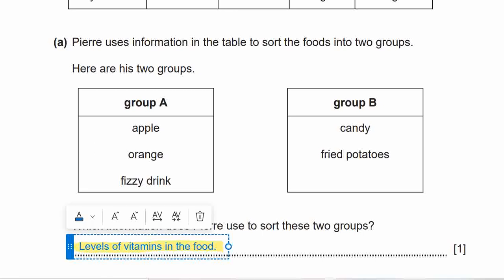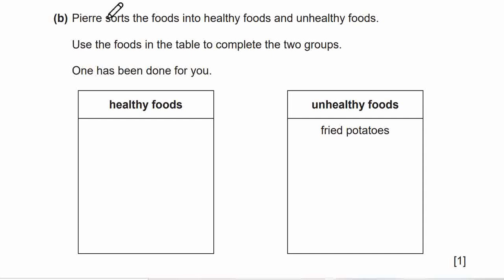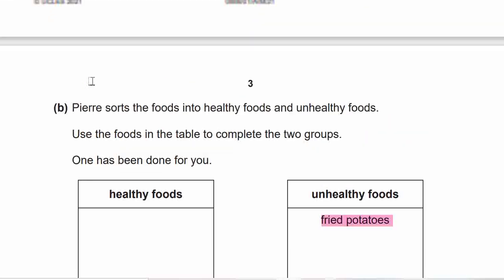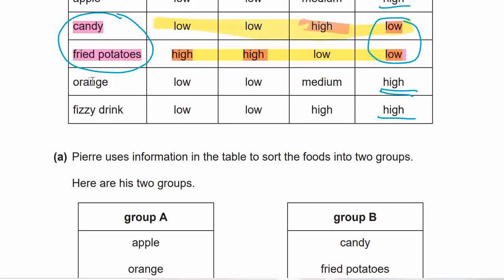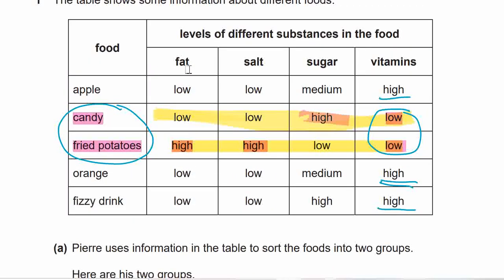Let's go to the next one. Pierre sorts the foods into healthy foods and unhealthy foods. Use the foods in the table to complete the 2 groups. One has been done for you: fried potatoes in unhealthy food. Fried potatoes has high fat and high salt, and candy also has high sugar, while fizzy drinks also has high sugar.